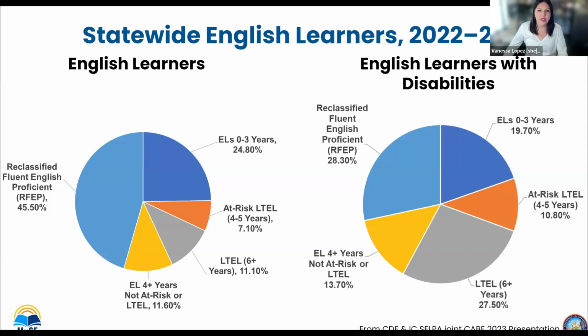One of the things that I notice also is that there is some similarity in the EL 0 to 3 years, meaning that they've been English learners for 0 to 3 years only.